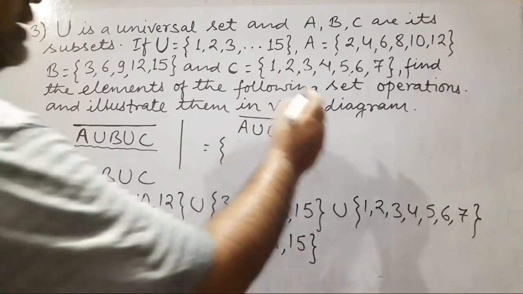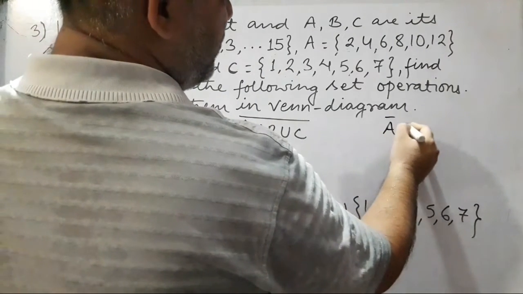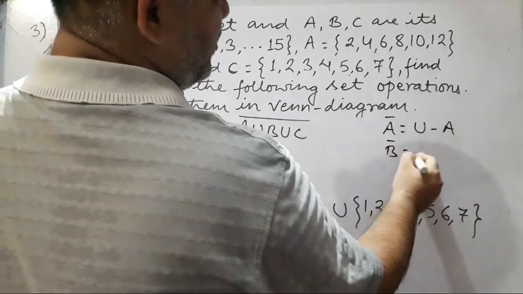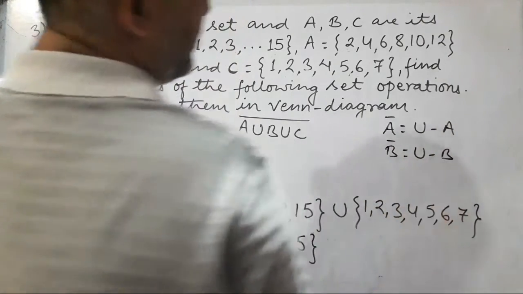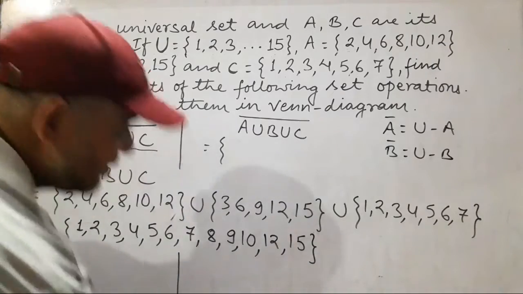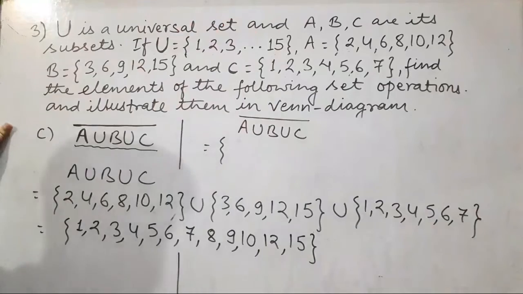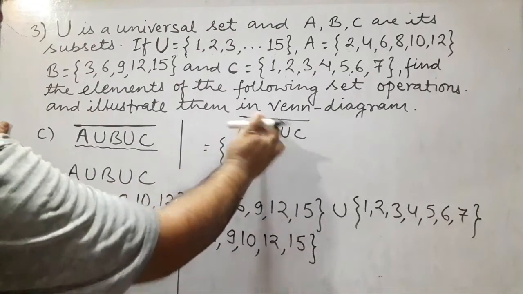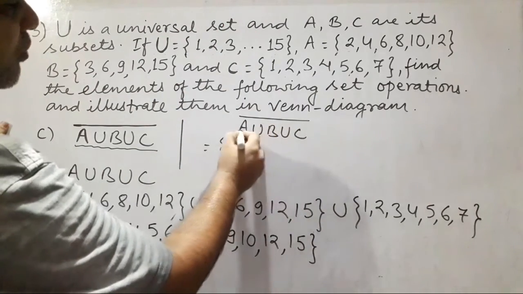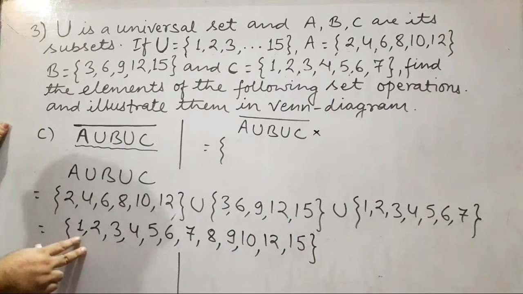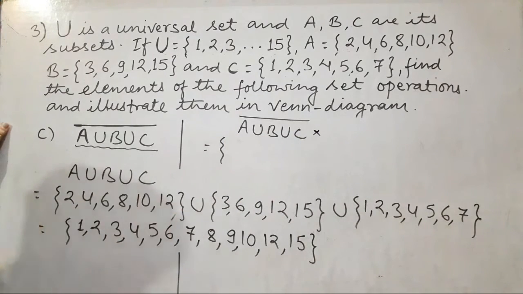The formula is A complement is U minus A, B complement is U minus B. But let's do it directly. It will be easy for us. A union B union C complement means the elements which do not lie in A union B union C. Which elements do not lie in this set?